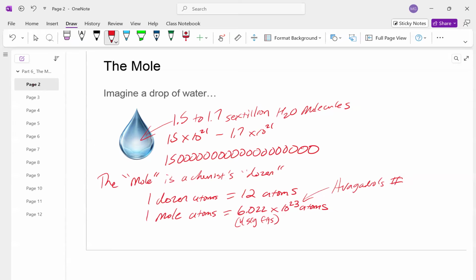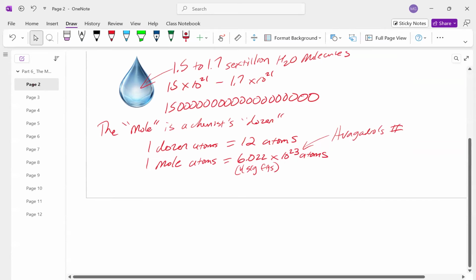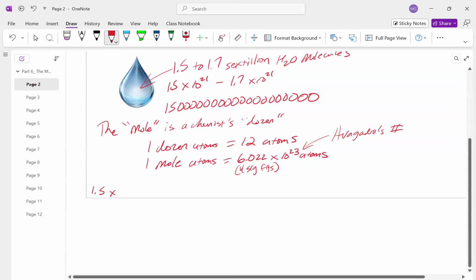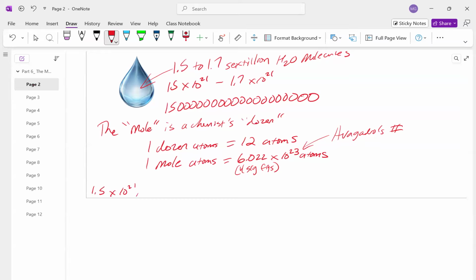Okay, so how does that help us group a large number of things? Well, let's go back to our example of a drop of water. I can figure out how many moles of water I have in that drop by doing some conversion factors. So there's 1.5 times 10 to the 21st molecules of water in 1 drop of water.